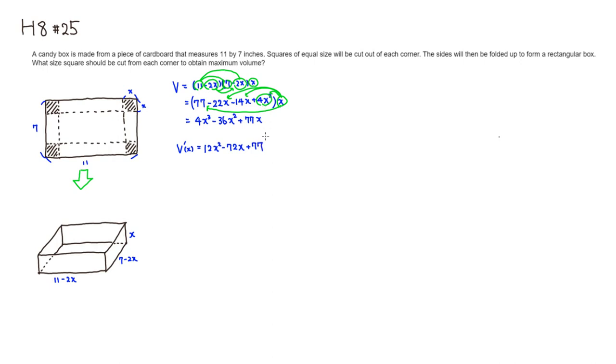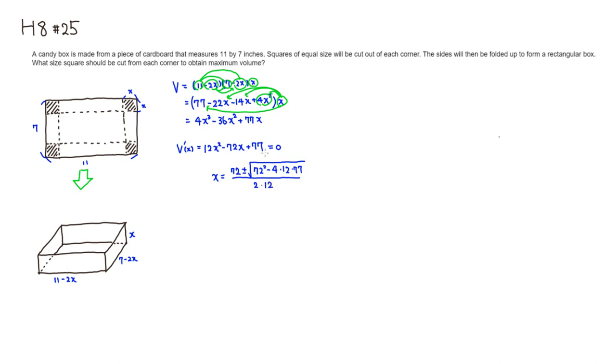We set this equal to 0, and this does not factor out nicely, so we have to use the quadratic formula. x is equal to negative b, so 72, plus or minus the square root of 72 squared minus 4 times a, which is 12, times c, which is 77. The numbers are pretty bad. Over 2 times a, which is 12.